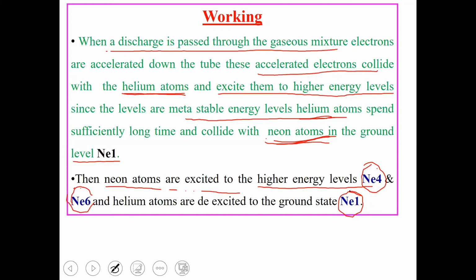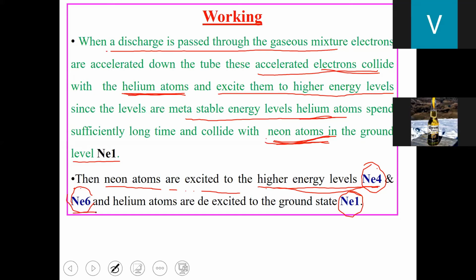Initially, due to the electrical discharge, highly accelerated electrons collide with the helium atoms, so the helium atoms are excited. While coming to the ground state, they collide perfectly inelastically with neon atoms, and neon atoms are excited to the Ne4 and Ne6 levels.